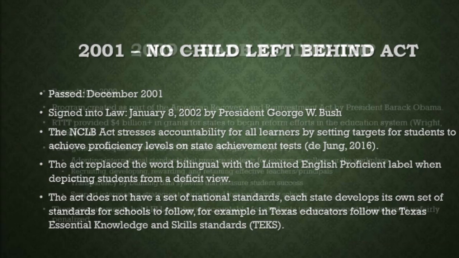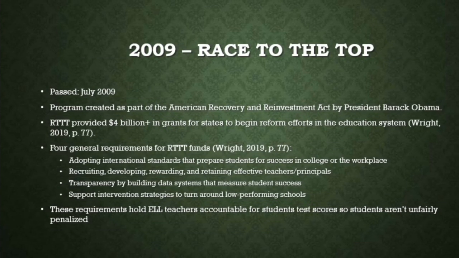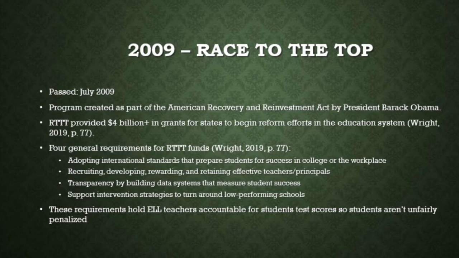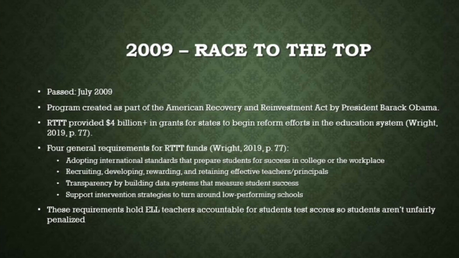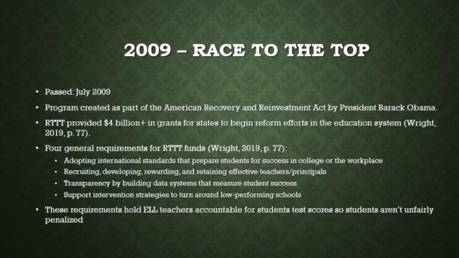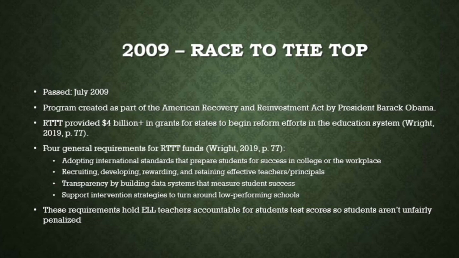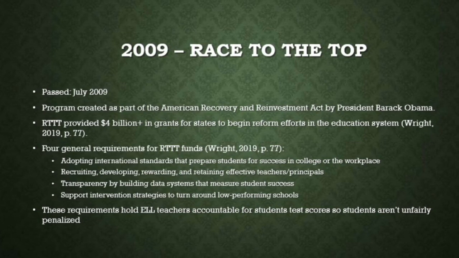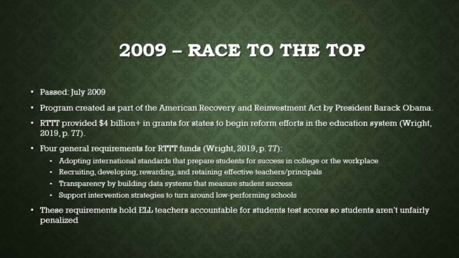The last piece of legislation we're going to look at today was passed in July of 2009. This is the Race to the Top program. The program was created as part of the American Recovery and Reinvestment Act by President Barack Obama. The RTTT has provided over $4 billion in grants for states to begin reform efforts in the educational system.